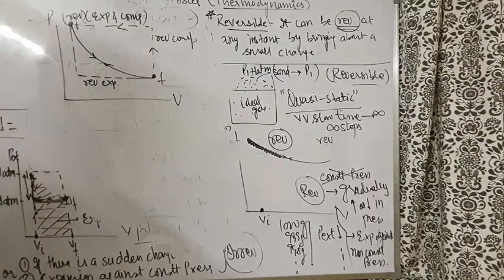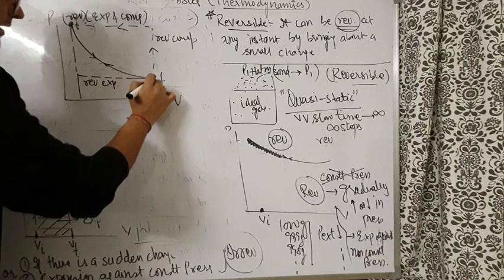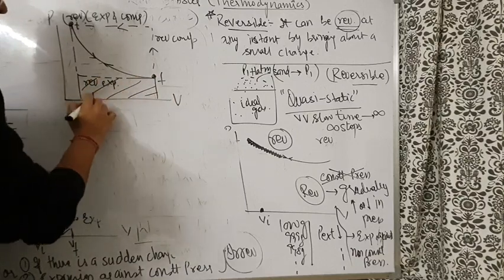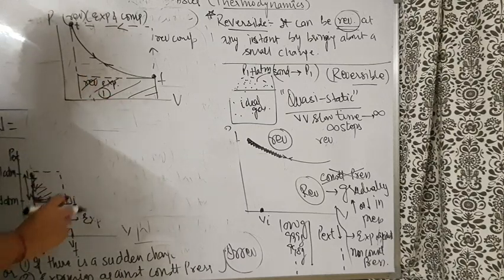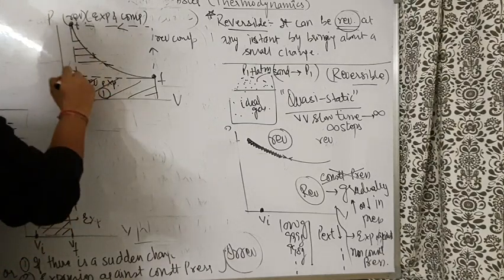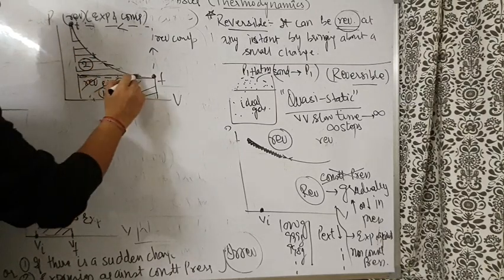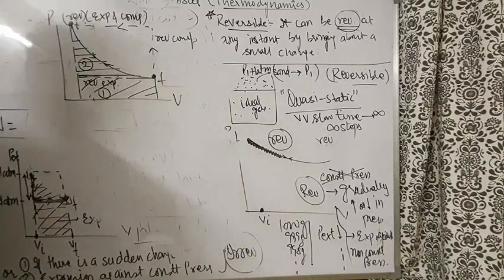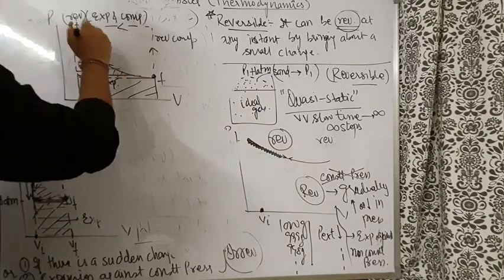So if I say which work done is more, the idea is very simple. This shaded portion is the reversible expansion work done. Shaded portion number 1. Now, this is shaded portion number 2. This area is shaded portion number 2. I can shade it with the red color. Now, shaded portion number 3, I am making with the dotted.